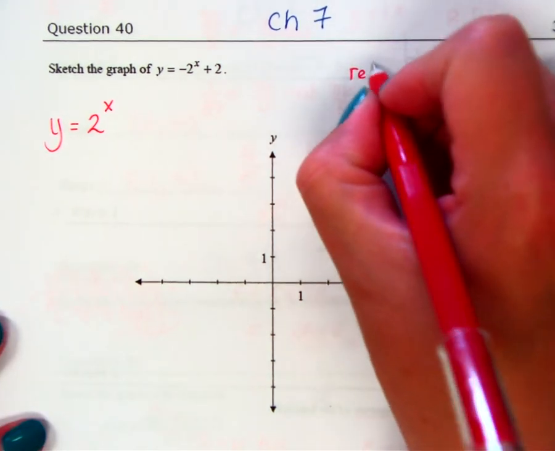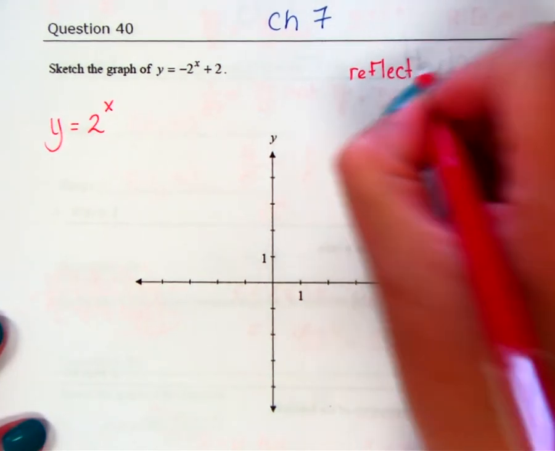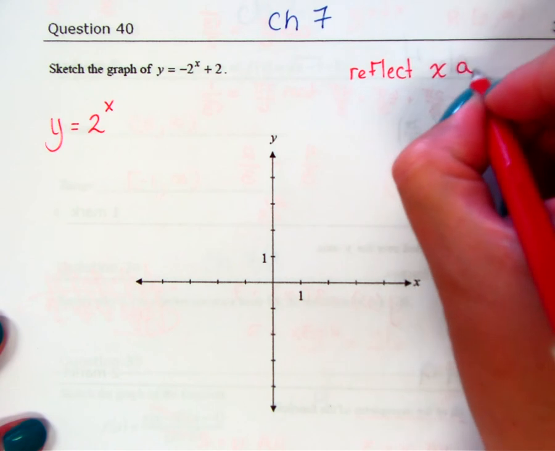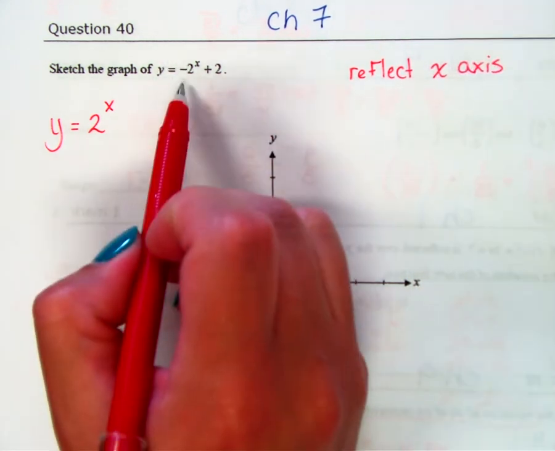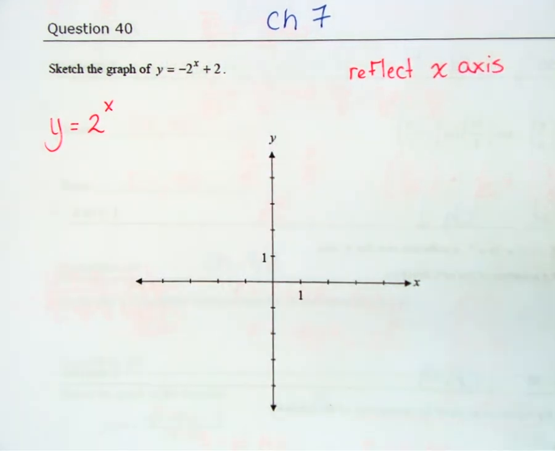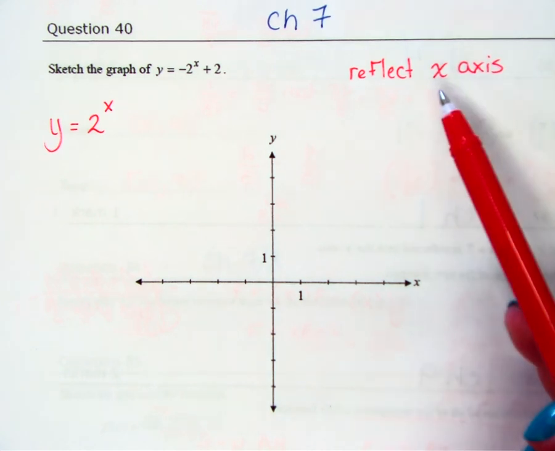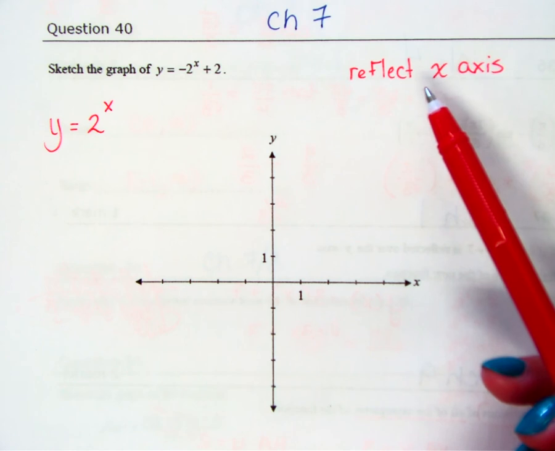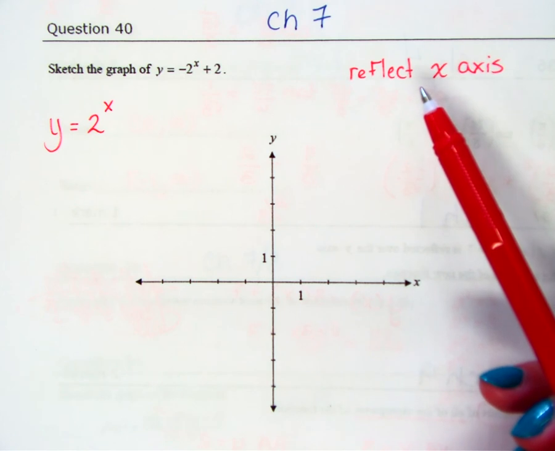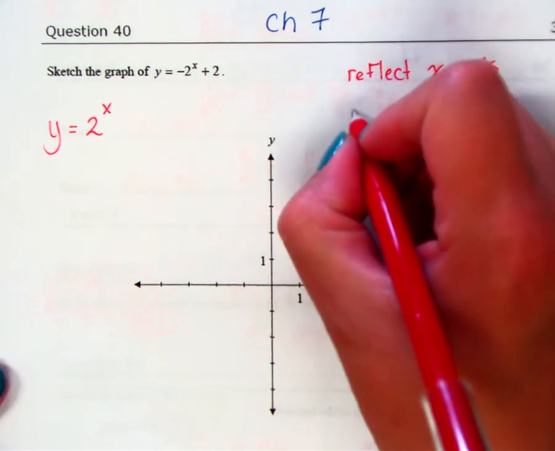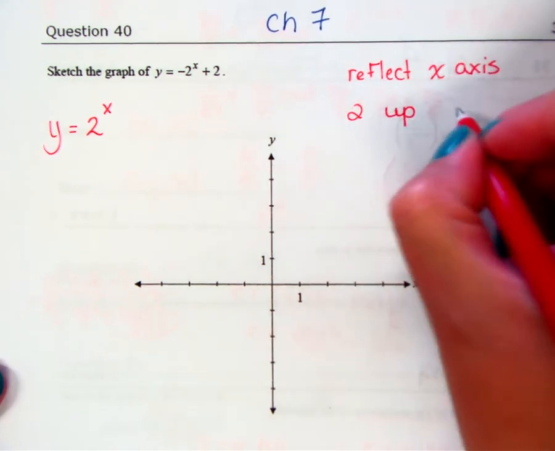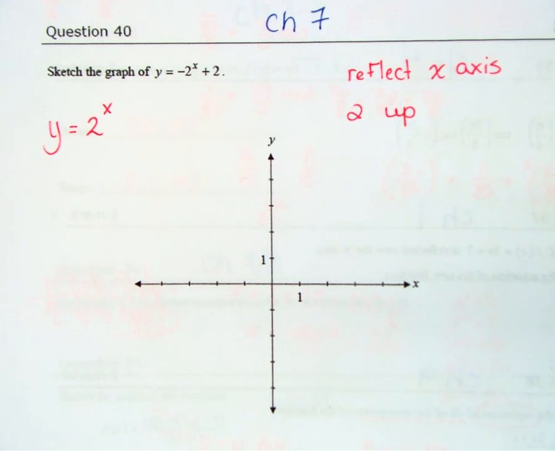So we're going to reflect in the x-axis because it's happening to our y's. Reflect in the x-axis, then what else is happening? We're going to go 2 up. Anything else happening? Nothing else? Nope. Because it's a base 2.